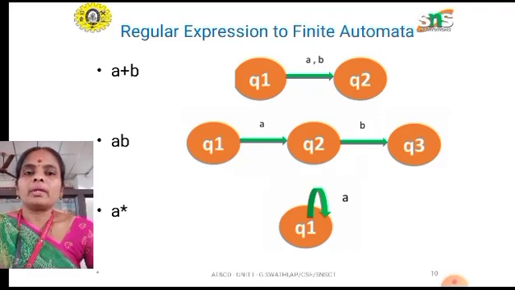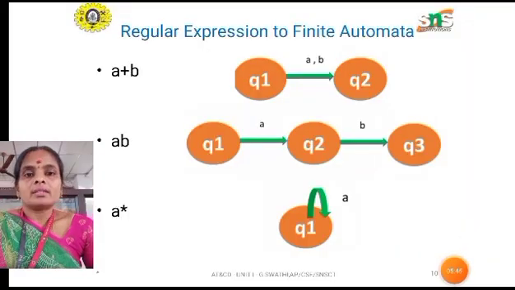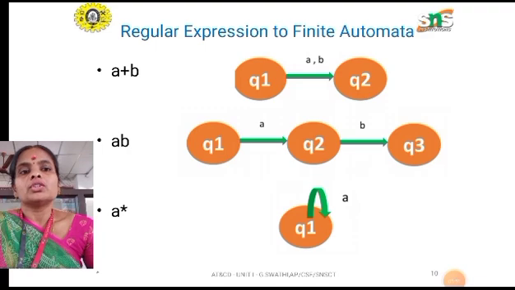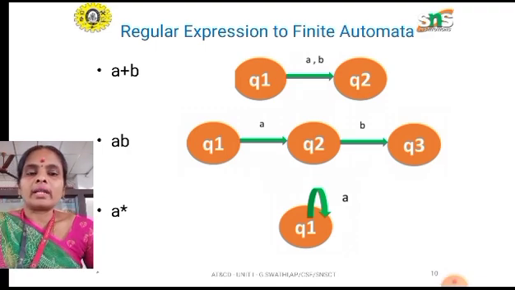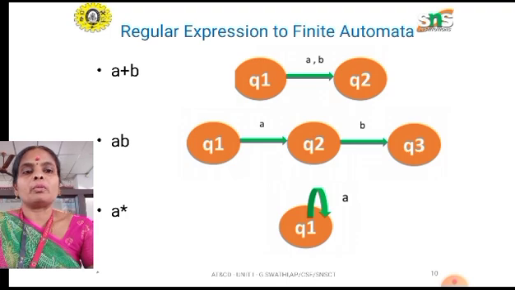And to depict A star, the A should be taken repeatedly with 0 or more occurrences. So a self loop is taken on Q1, where A can occur or, without occurrence, it can lead onward. That is called the closure of A. So these are some examples of how the regular expression can be converted to finite automata.